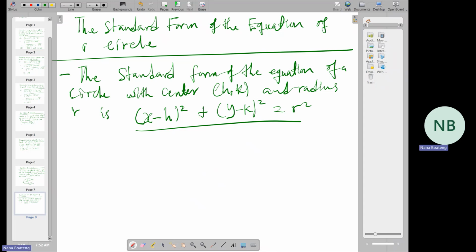Let's look at an example. So this will be our first example, Example 3a.